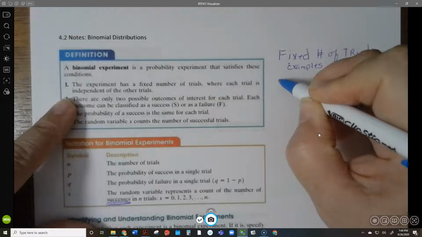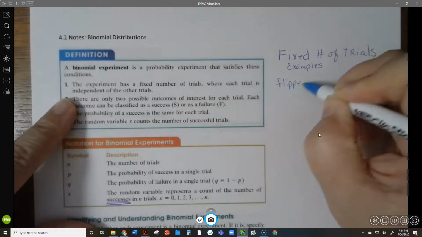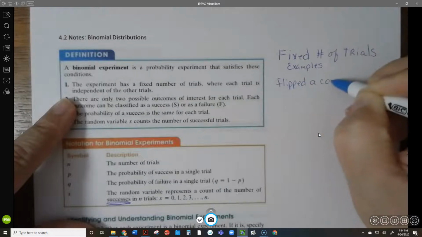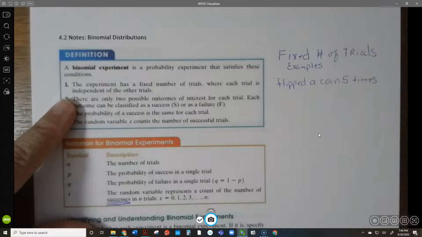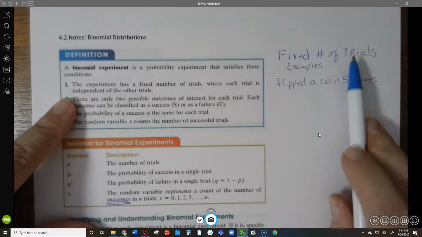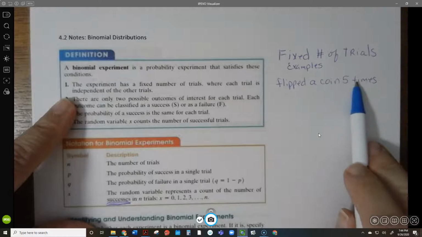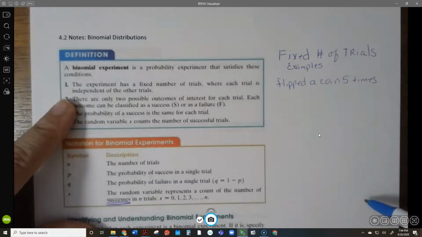So in a problem, they may tell you that you flipped a coin 5 times. The fact that you flipped the coin 5 times, that's a fixed number of trials. Each time you flipped the coin is defined to be a trial. They told you how many times you flipped the coin, so it's a fixed number.